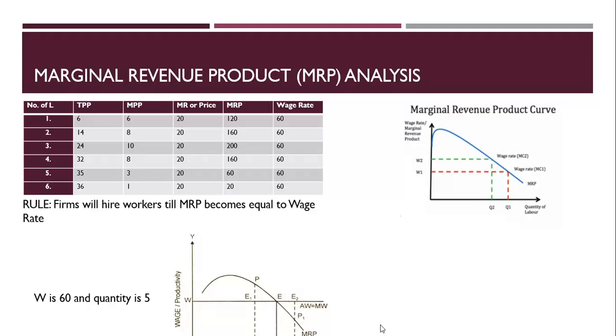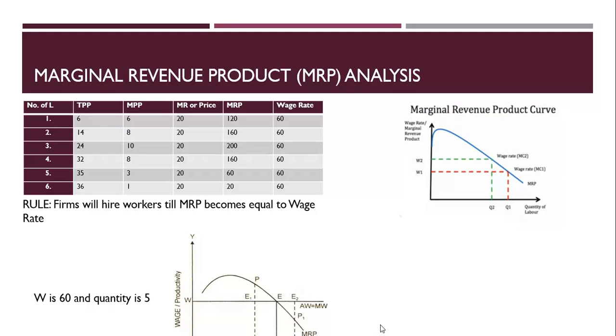What happens if you hire one extra worker? If you hire the sixth worker, what's going to happen? Your cost, and please do remember that here the supply curve also represents your average cost curve, is going to be 60.